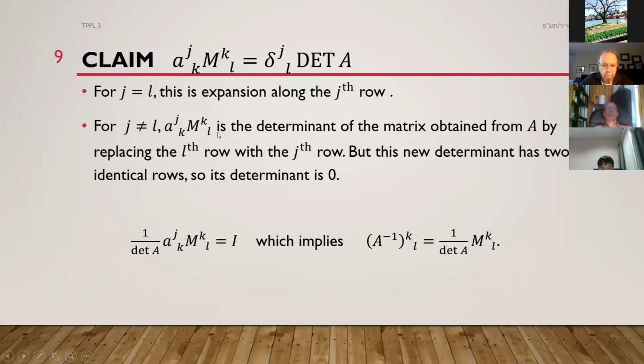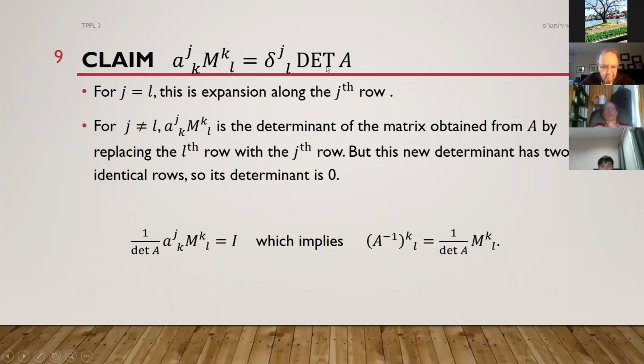In fact, you're using the coefficients which come from a different row. So what are you doing? It's as if you're computing the determinant of a matrix that has 2 equal rows. So that determinant is 0. It's quite a subtle argument. You have to think about it for a while. But this will be 0. So this proves the claim.